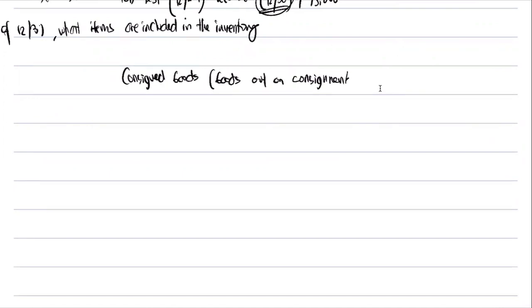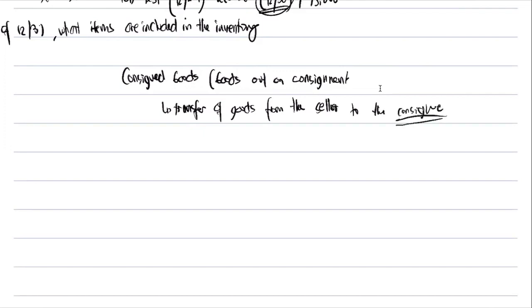Consigned goods is the transfer of goods from the seller to the consignee. Okay, so who is this consignee? The consignee holds the goods for resale.